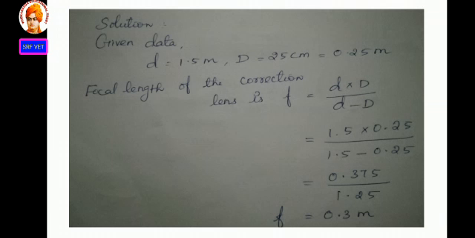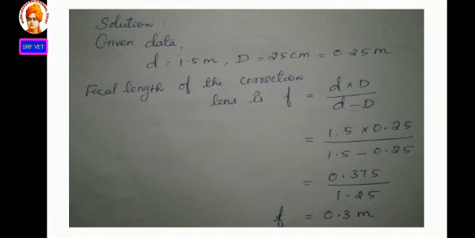Converting into meter, divided by 100, it is 0.25 meter. The focal length of the correction lens is f equal to small d times capital D divided by small d minus capital D. Substituting all the values, we get f equal to 0.3 meter.